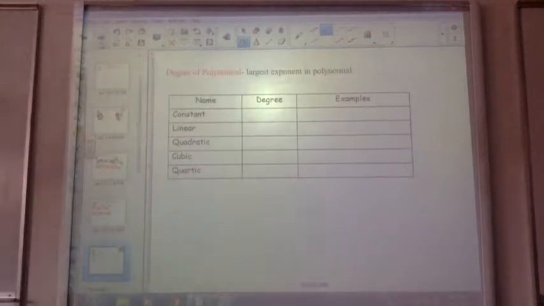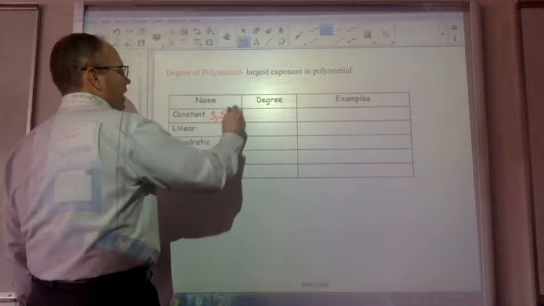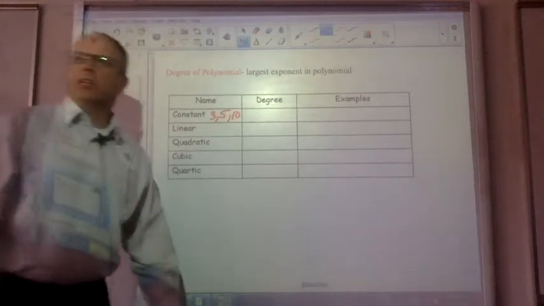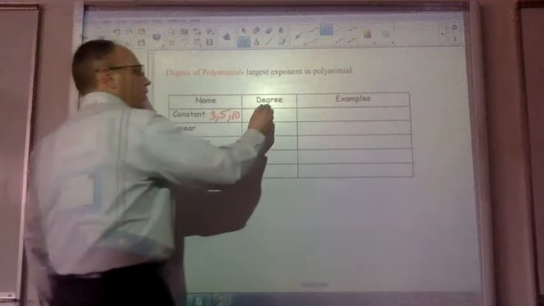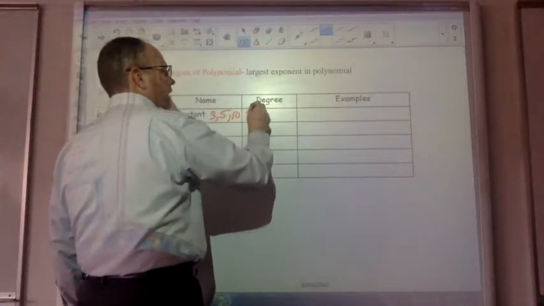Okay, so a constant. What do you think? What's an example of a constant? Yeah, I like it. Just some number. So this is like 3 or 5 or 10. That's a constant. What degree is a constant? The degree to this would actually be x to the 0.